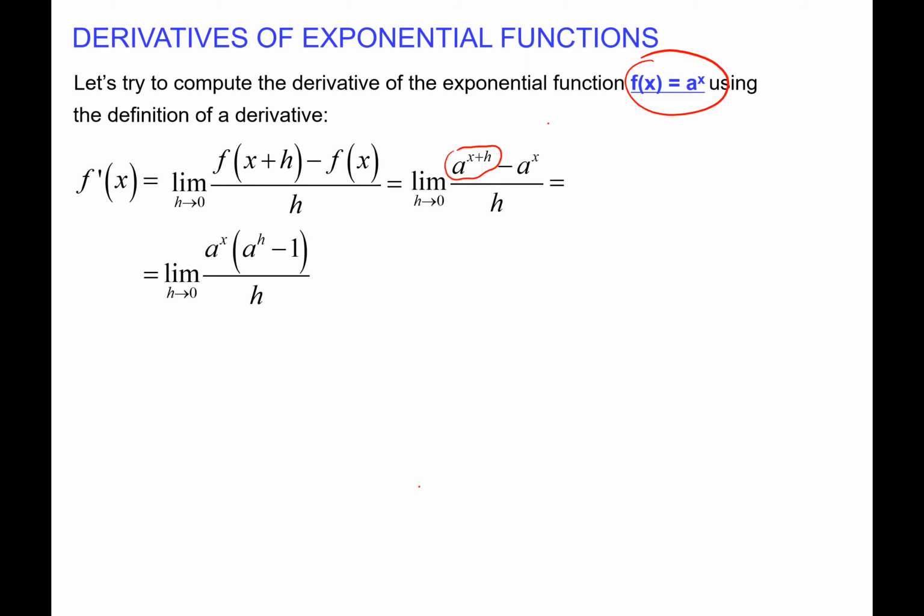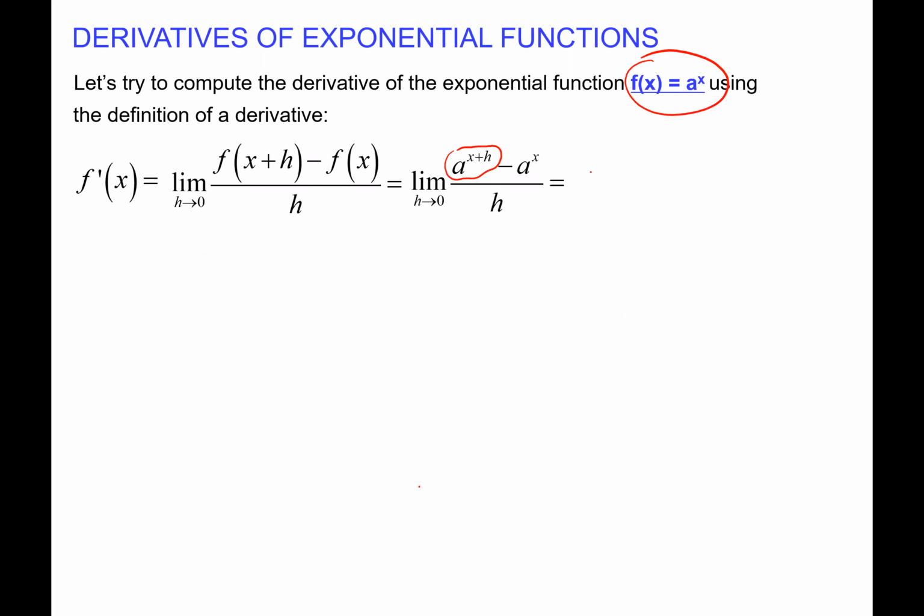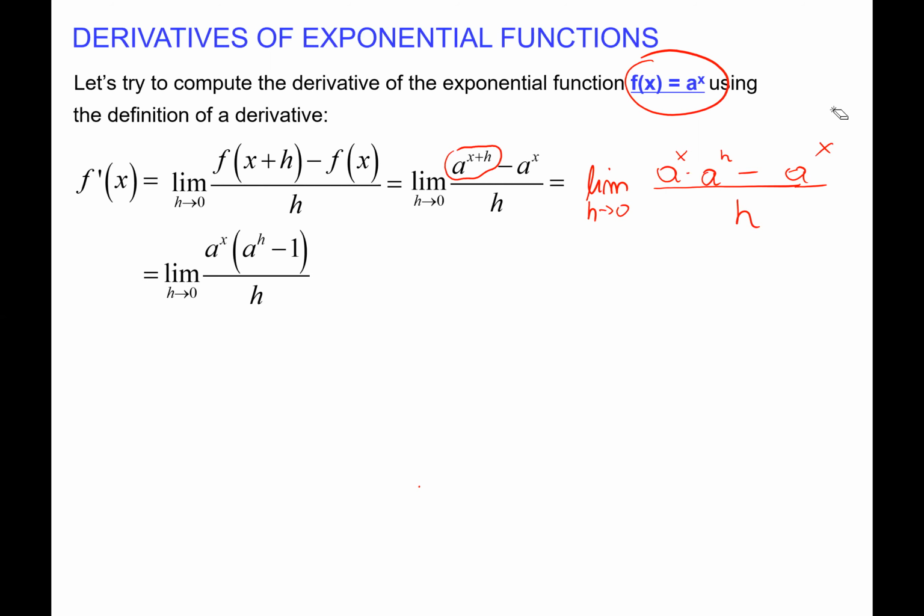Oh, okay. I think I'm missing one step. I can write it as a to the power of x times a to the power of h, because when we multiply the same base, we can add the exponents. Now we can see a to the x is a common factor, and I will factor this out.